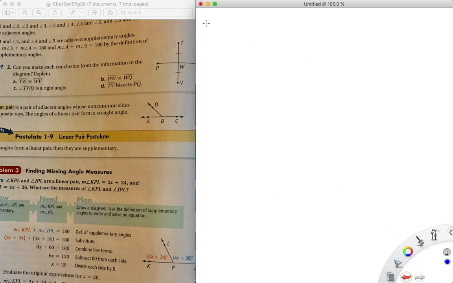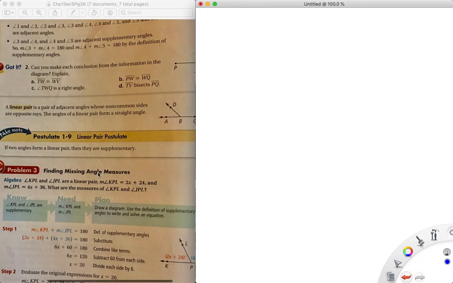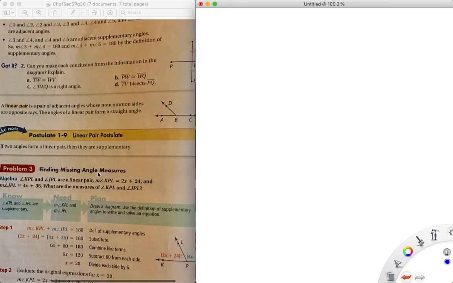Linear pair. So a linear pair is a pair of adjacent angles whose non-common sides are opposite rays. You guys will be seeing linear pairs a lot this year.